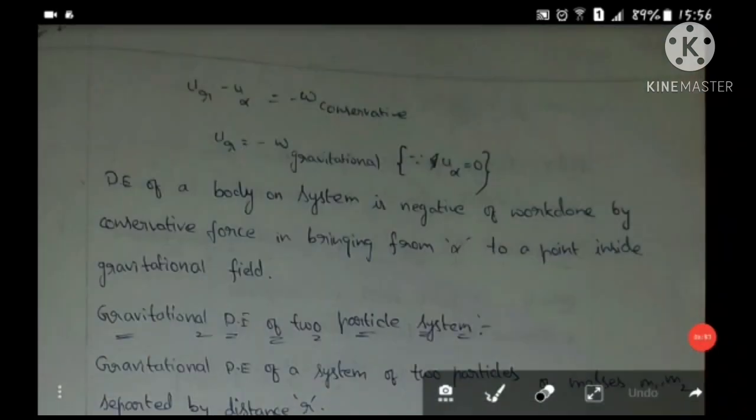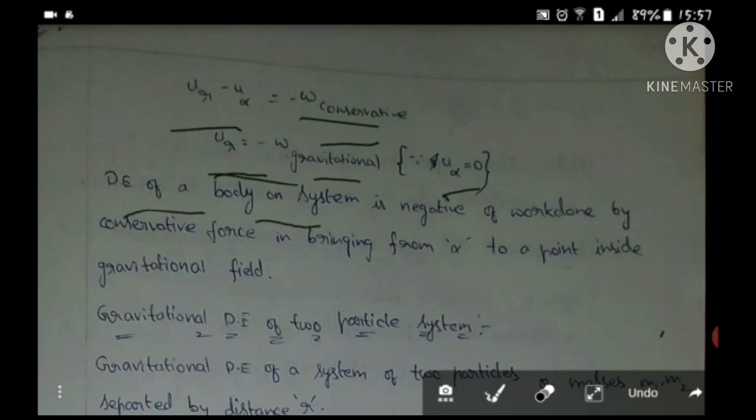U(r) is equal to minus W gravitation, because here we wrote gravitation since gravitational force is also a conservative force. In this case we take gravitational force instead of conservative force. Here U(infinity) is 0, so you can write U(r) is equal to minus W gravitation.